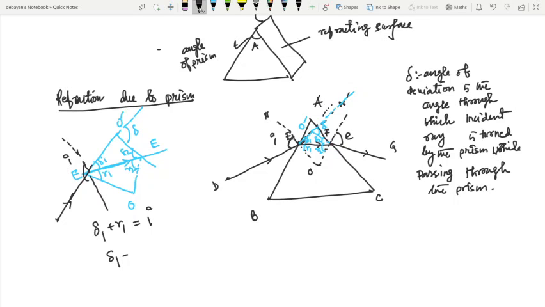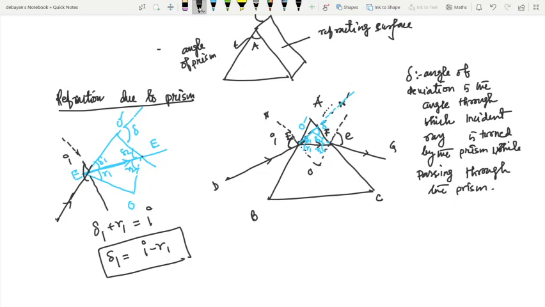Then at the refracting surface, this is the angle of emergence E, which is equal to delta 2 plus R2, so delta 2 equals E minus R2.